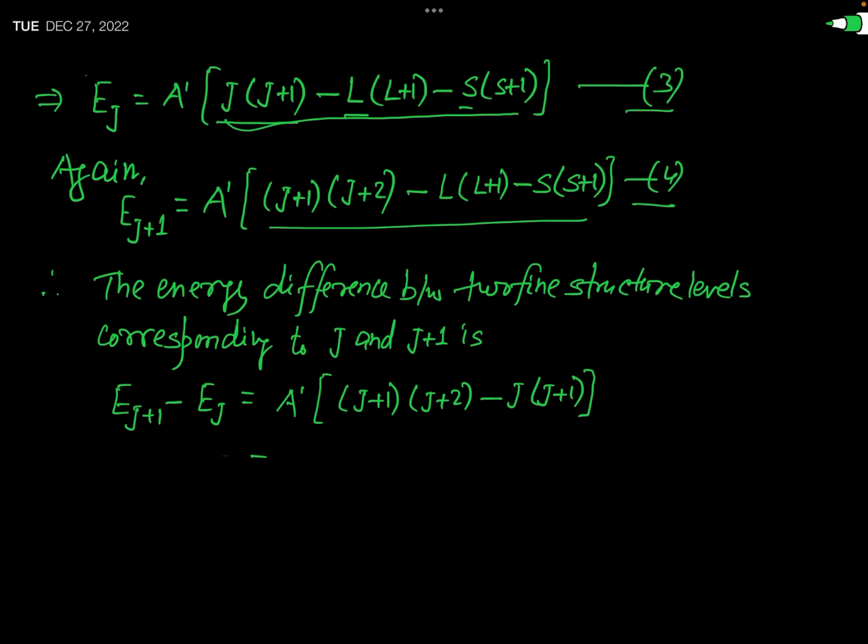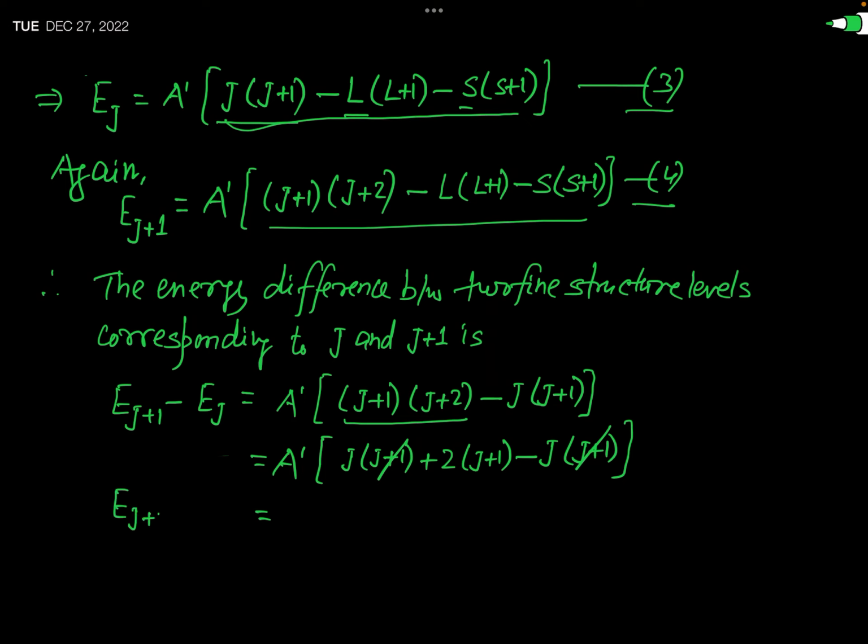Let us simplify it a little bit. This is A prime times, now this product can be written as J into J plus 1 plus 2 into J plus 1, and minus J into J plus 1. Now this J into J plus 1 will cancel out.